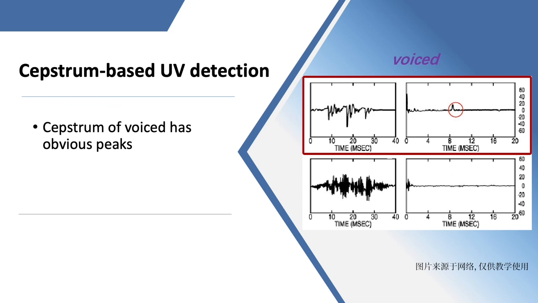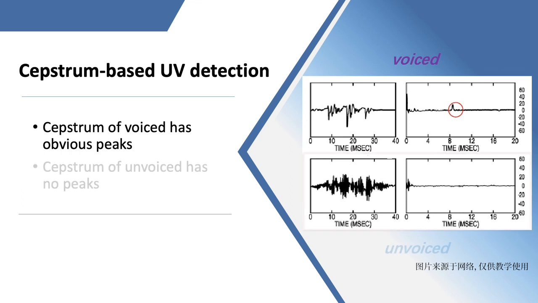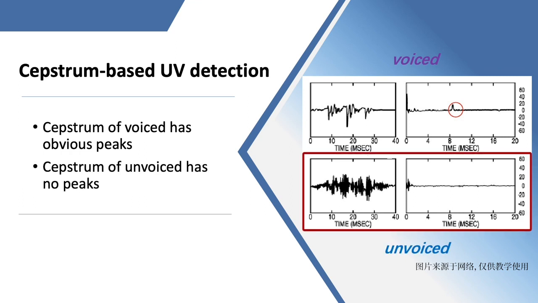The distance between the first non-zero point of the complex cepstrum sequence and the origin point is exactly the pitch period. In the case of unvoiced sound, the complex cepstrum has no obvious peaks. By use of this feature, unvoiced and voiced sound can be detected.